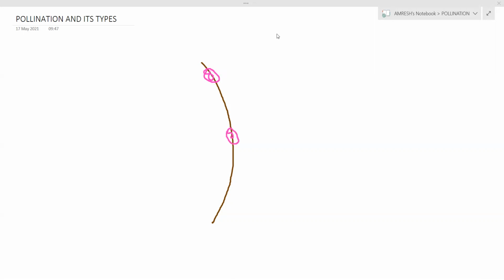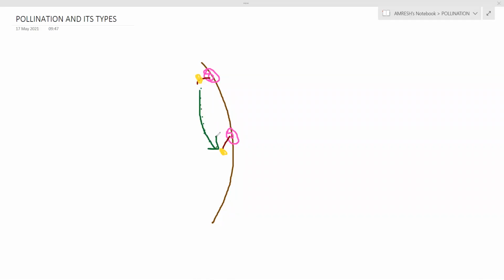Here we have the other style. Here we have anther, and here we have stigma. Self-pollination means anther of one flower and stigma of another flower of the same plant. So pollen grains will come from here to here, and it is called self-pollination.